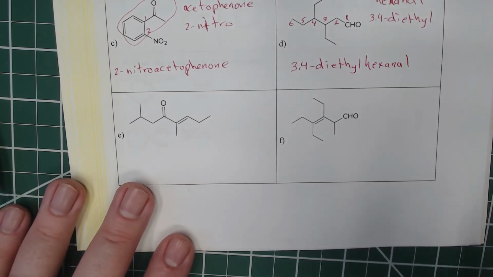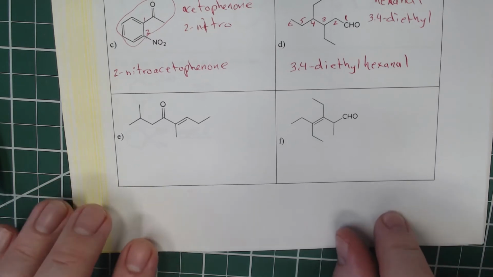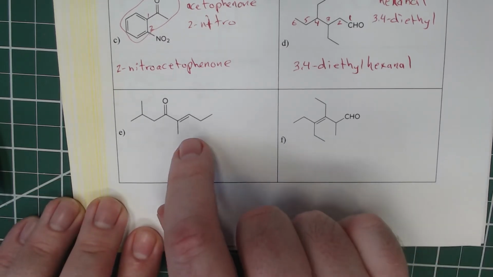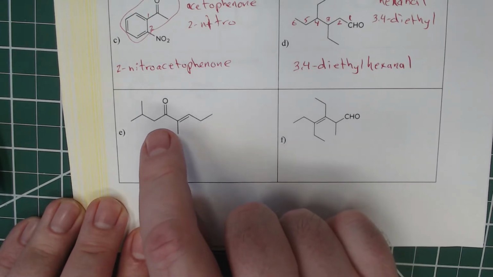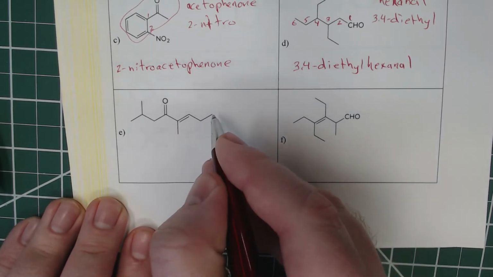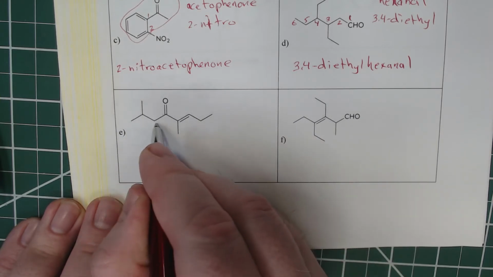All right, here we've got an enone because we've got a ketone and a carbon-carbon double bond present. We want to number from the side that will give our ketone the lowest number. If we number from this side 1, 2, 3, 4, 5, from this side 1, 2, 3, 4.